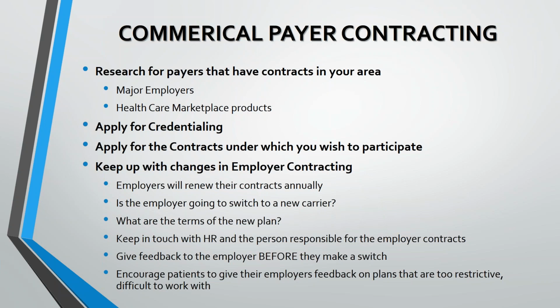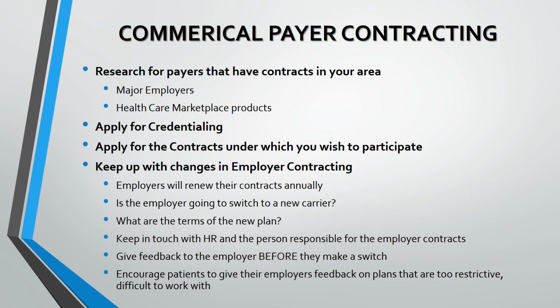The other thing you have to do, under the commercial payers, is make sure you're keeping up with the changes in employer contracting. So, you may be contracted with Blue Cross Blue Shield because the local Honda plant has Blue Cross Blue Shield as their carrier, but next year they have renegotiated with Aetna, and now they're going to be covered under an Aetna HMO for the next calendar year.